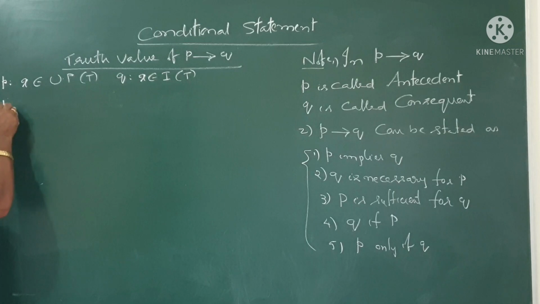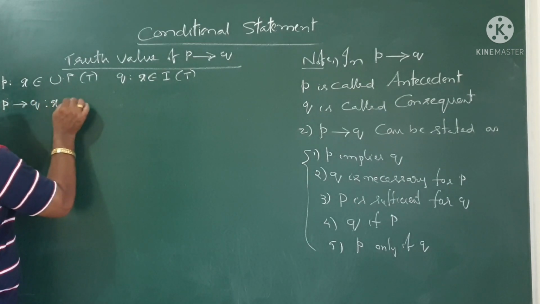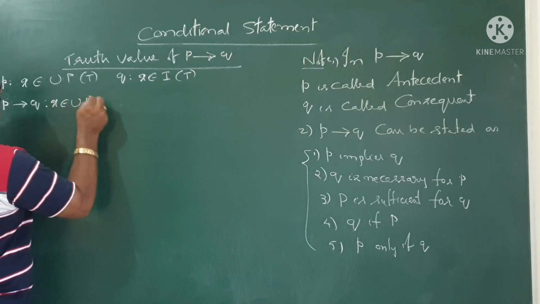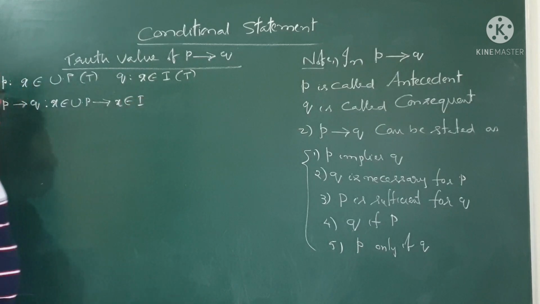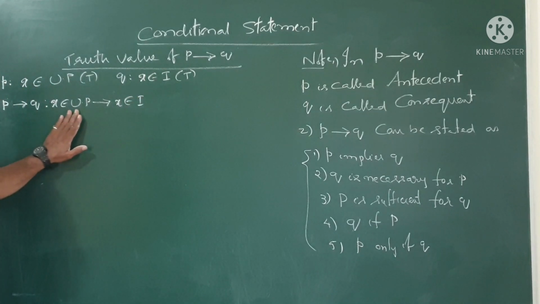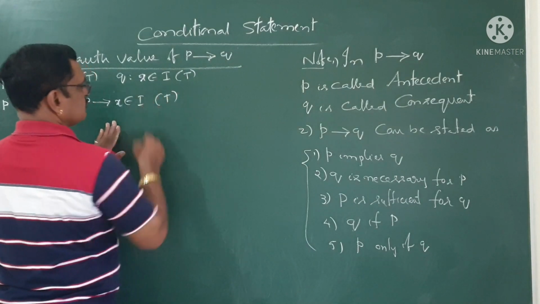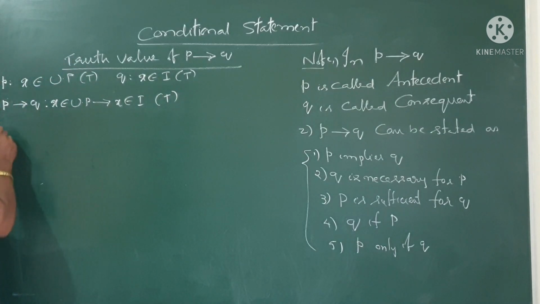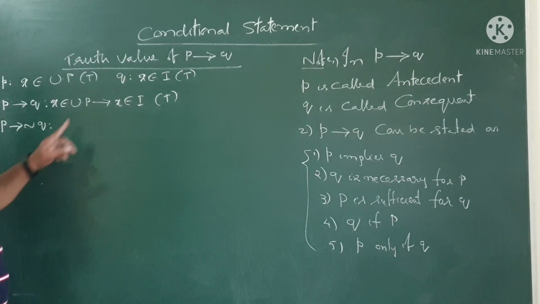Why? Now the first one, P implies Q: X belongs to UP, then X belongs to India. Of course, when a person is staying in UP, automatically he is staying in India. So the total statement is true. The next one I take is P implies negation of Q. You know very well that when Q is true, negation of Q is false.